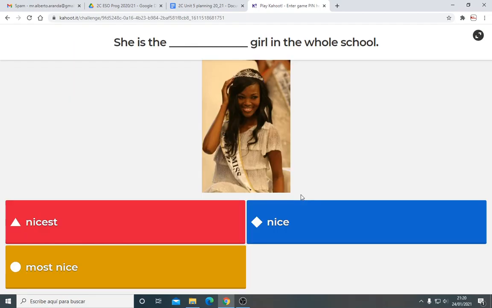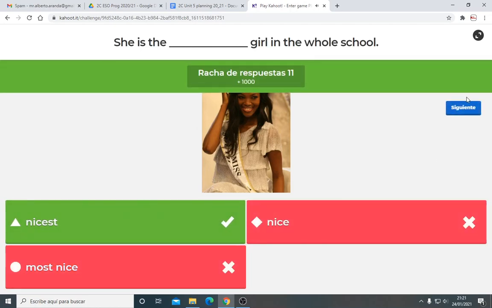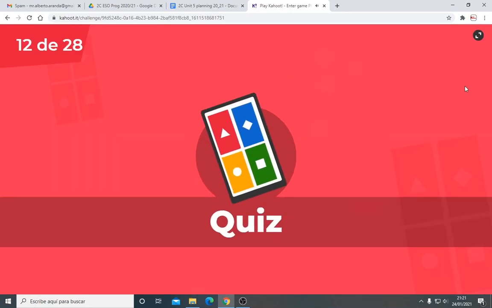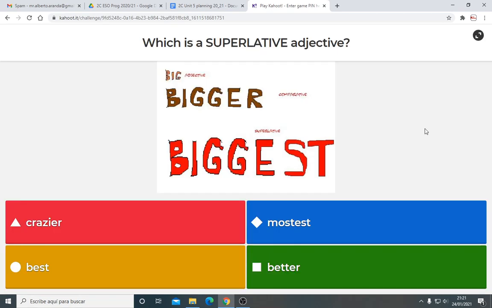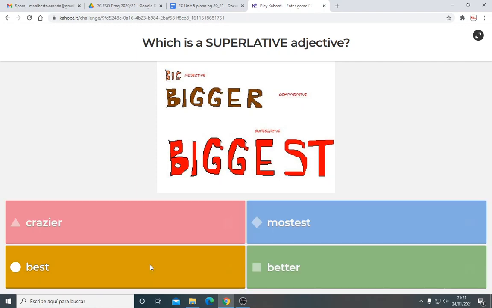She's the superlative, nice, one syllable. So even if you see, because it's nice, it's one diphthong. EST, because it's a superlative, nicest. Which is a superlative adjective? Crazier. Mostest, that doesn't make sense, so best.